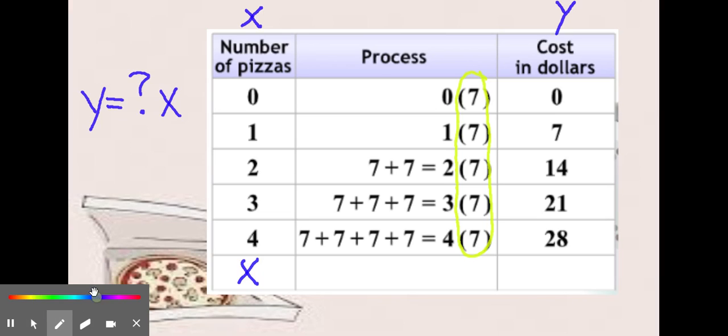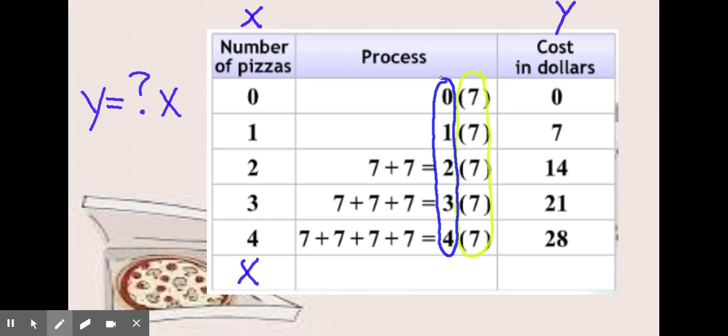So we can take that information and we can rewrite it. We can take our x goes in this place. So we can replace those numbers with an x, and we can just say it is x times 7.